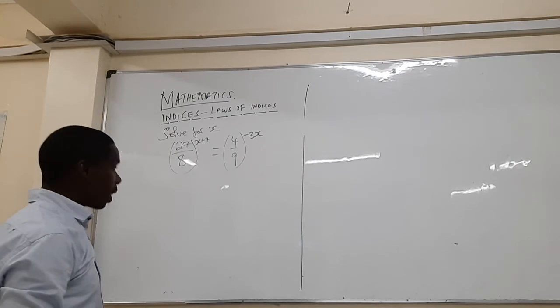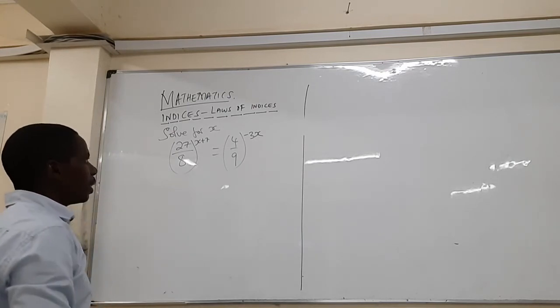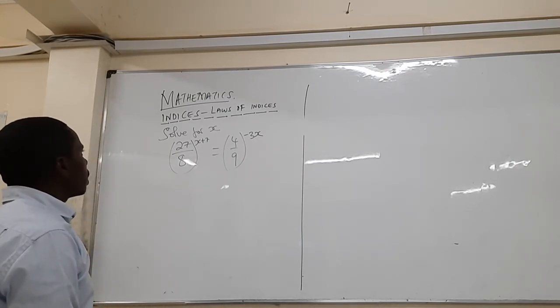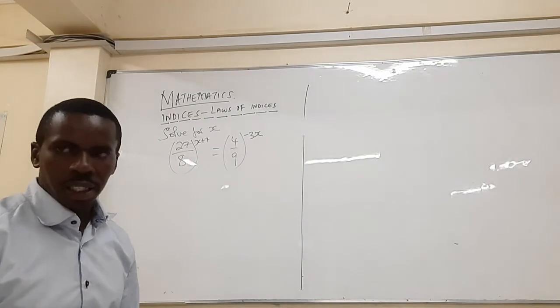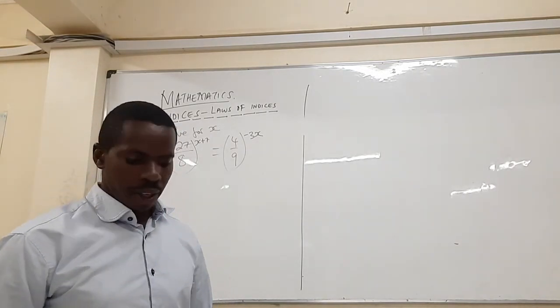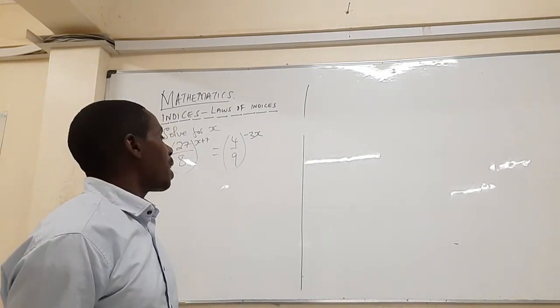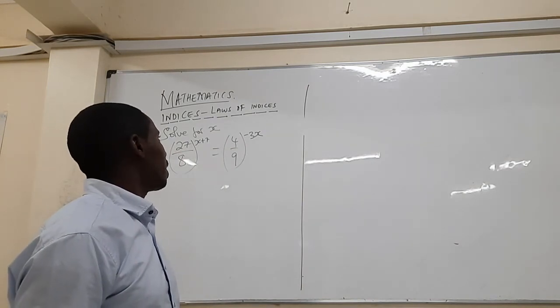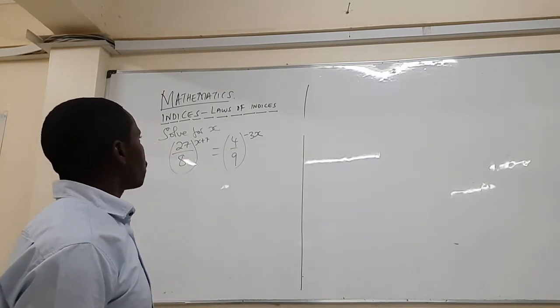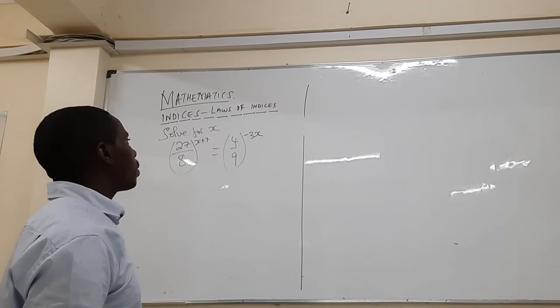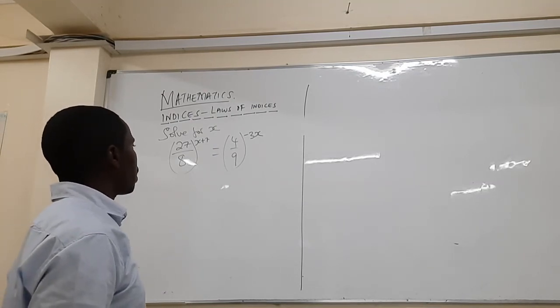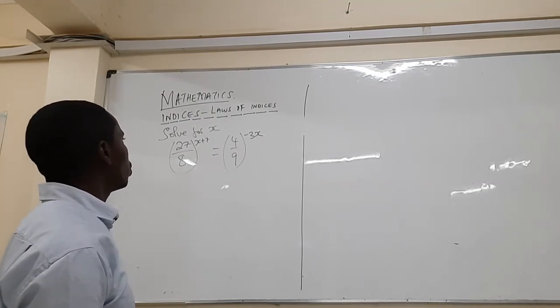When you look at our question here, we have 27 over 8 and then 4 over 9. The first thing that should click in our mind is how we can make these numbers in index form. 27 is 3 power 3, and 8 is 2 power 3.